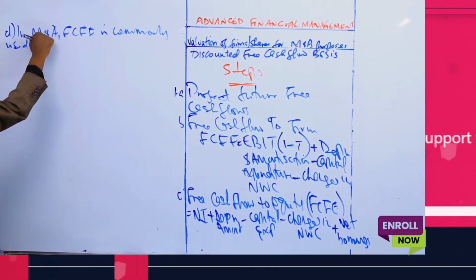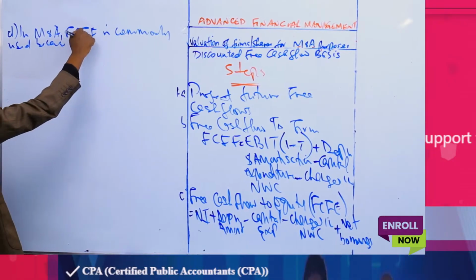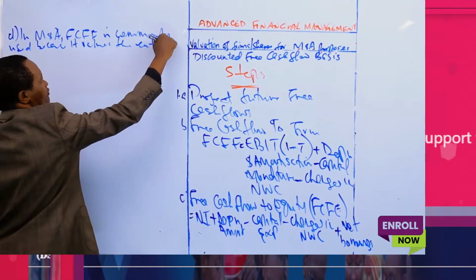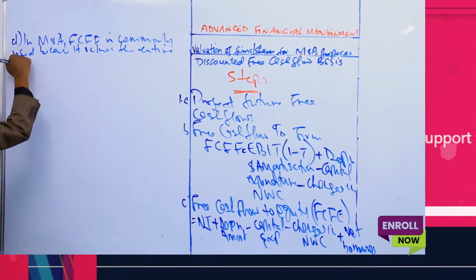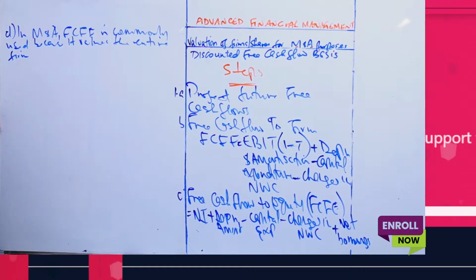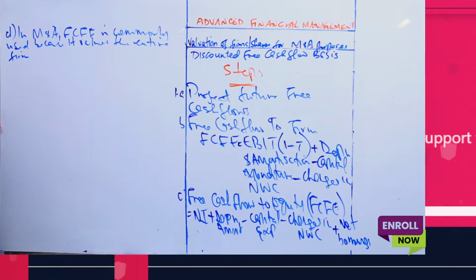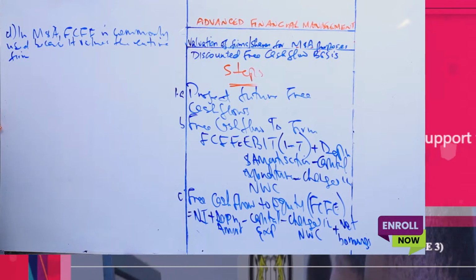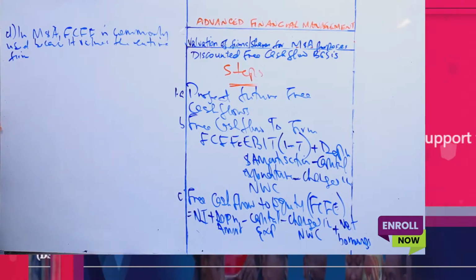Why? Because it values the entire company, the entire firm, what we call the enterprise value. It is then adjusted for net debt to arrive at equity value. You understand, candidates?